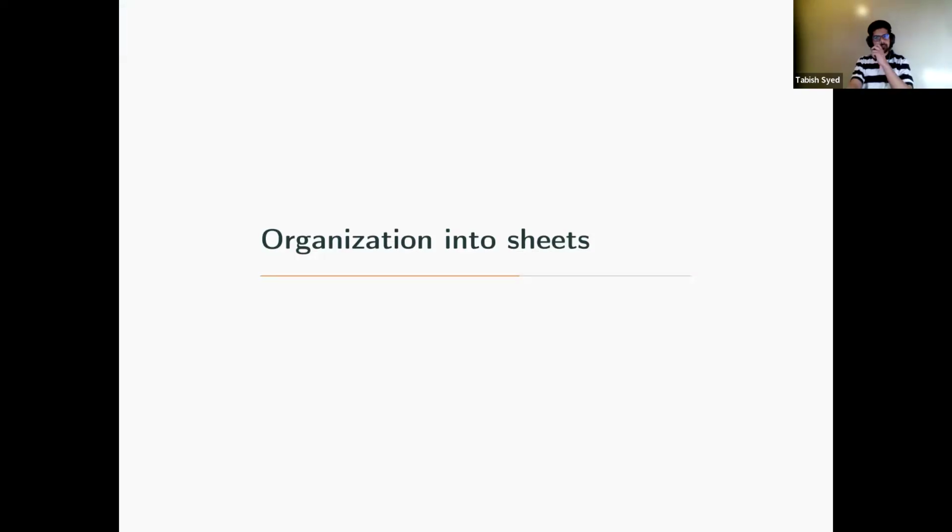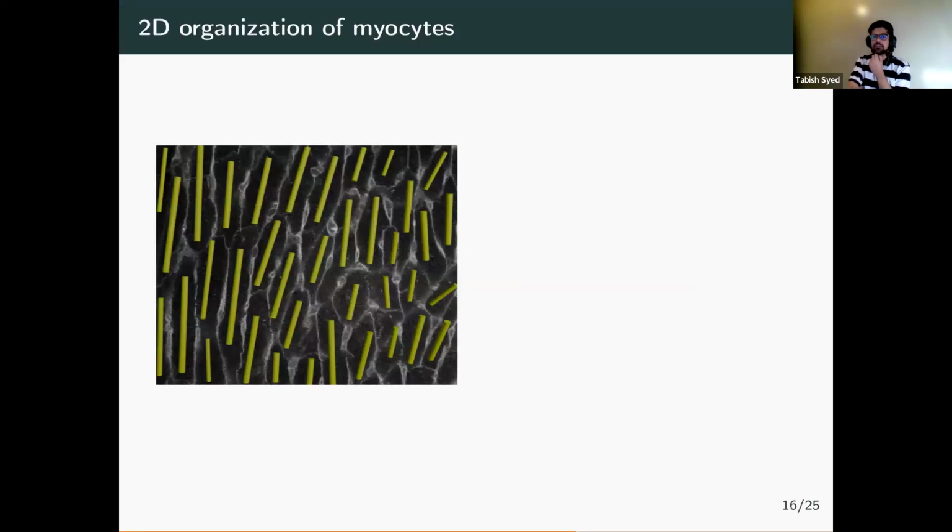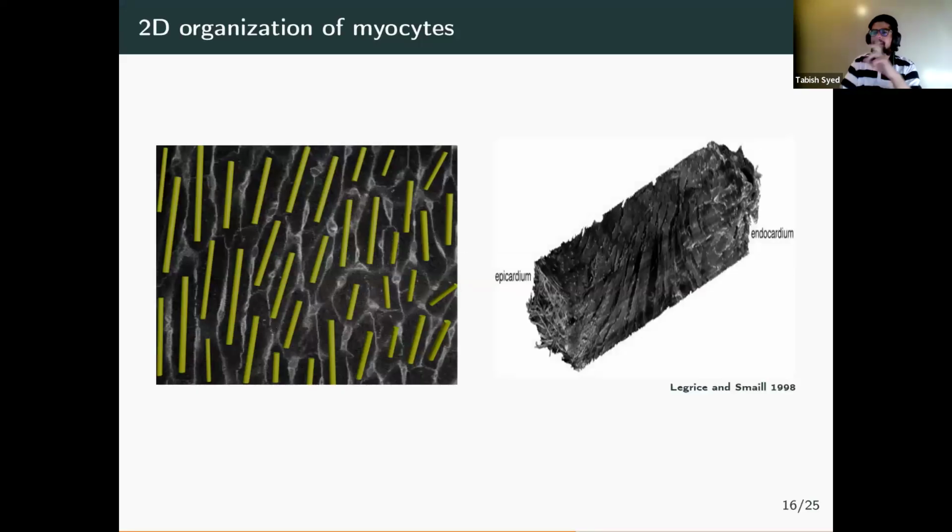Okay, so now that we know about the orientation of individual cells, we can talk about this idea of sheets and cleavage planes. So let me recap what the idea was.